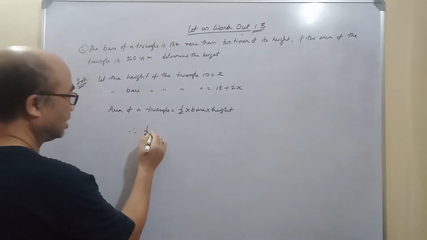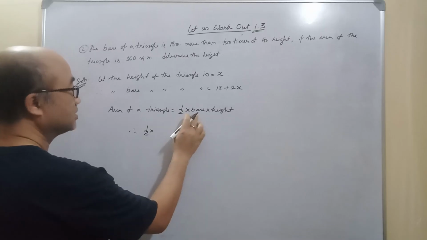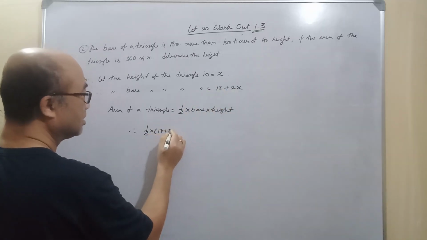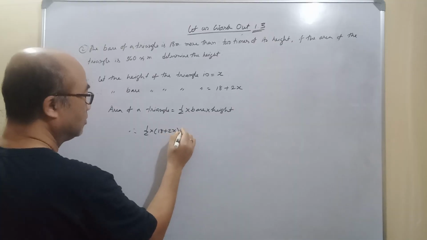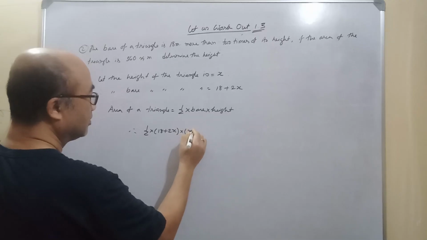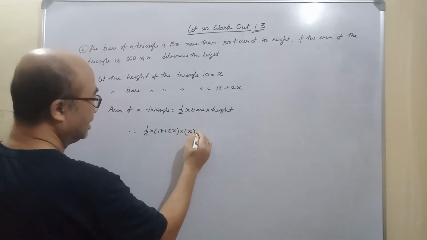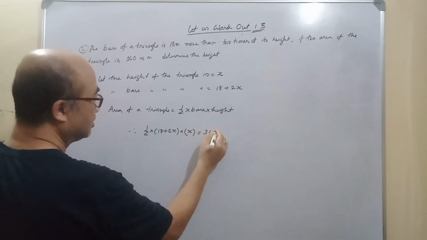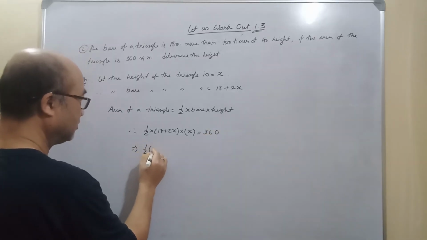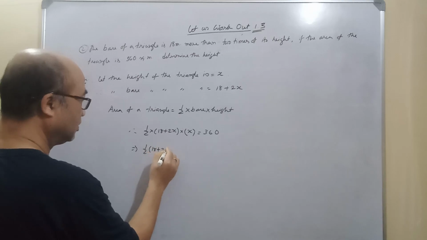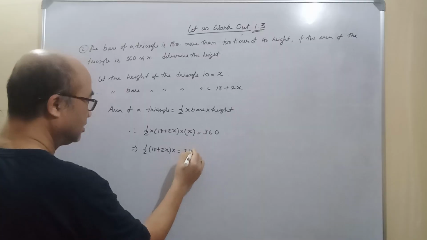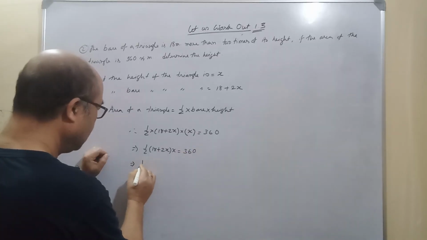Hence half of the base, 18 plus 2x, and the height, x, is equal to 360, right?